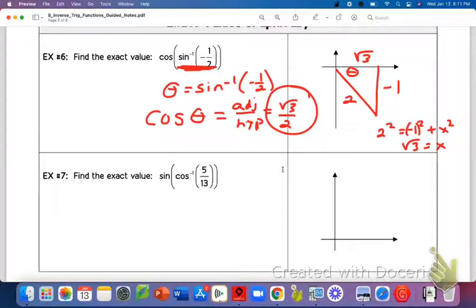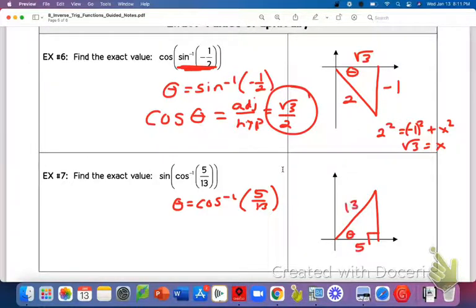Okay, so let's do the same thing for number 7. Cosine inverse of 5/13. That's going to put me up in quadrant 1. Here's our theta. So I'm going to let theta equal cosine inverse of 5/13. Opposite is sine. So this is going to be 5 here, 13.